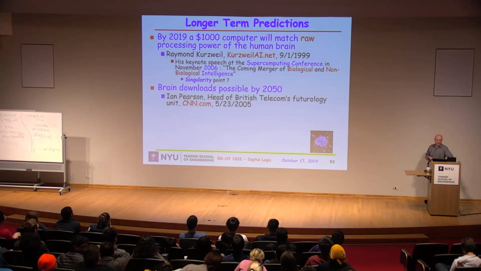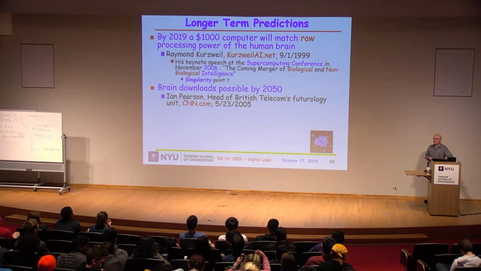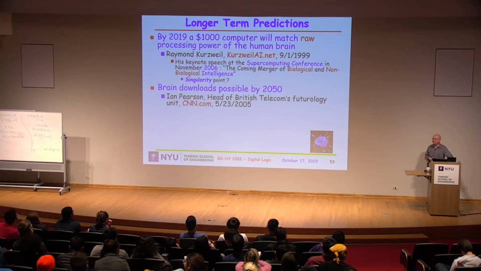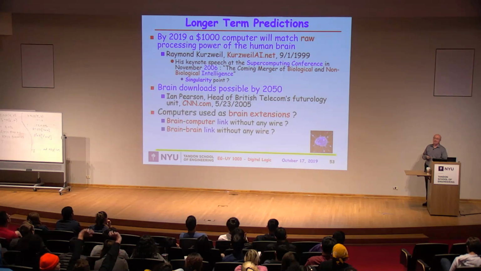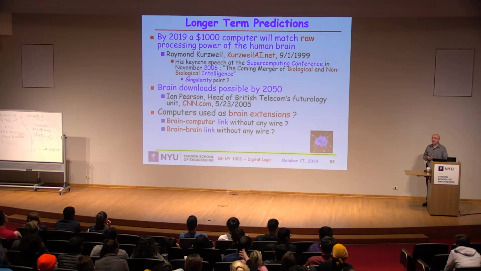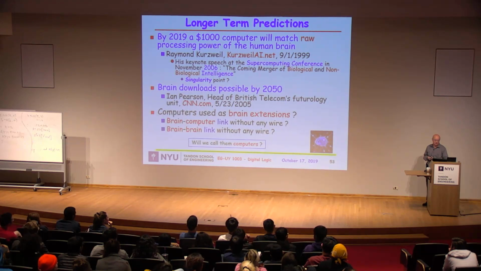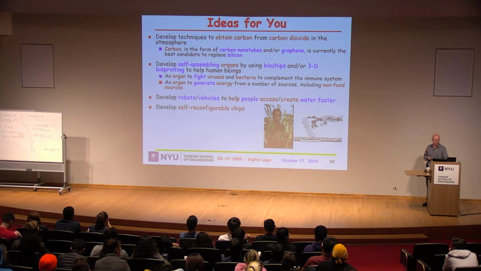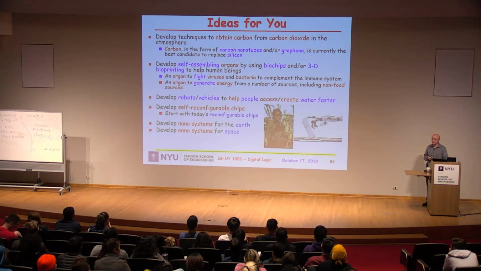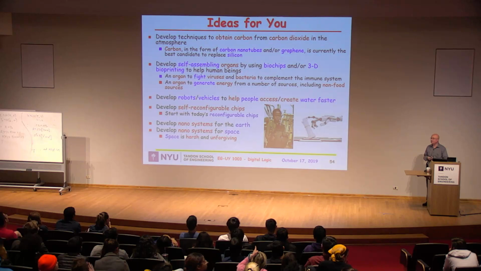Brain downloads possible by the year 2050, saving the content of your brain. Eventually we will have wireless communication between you and the outside world. Ideas for you, you are welcome to use them for your own company. But let me know that you are successful.